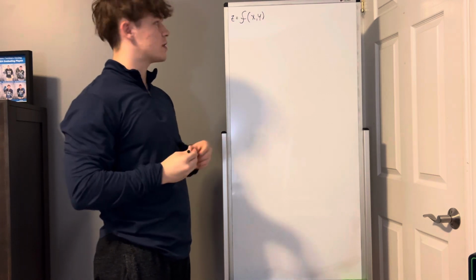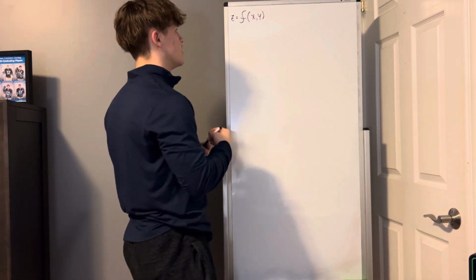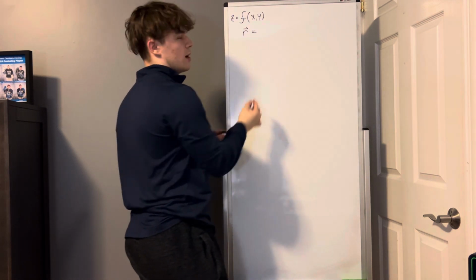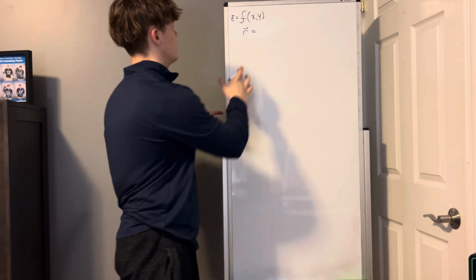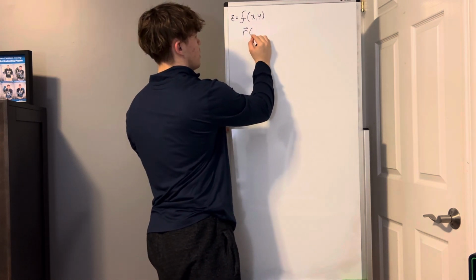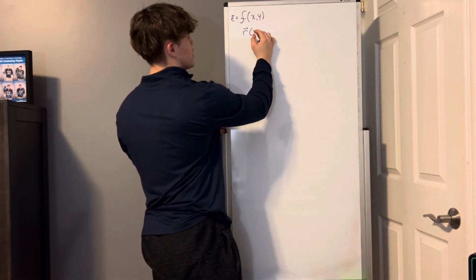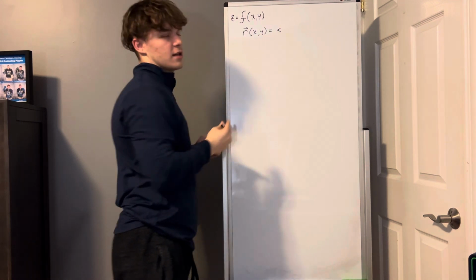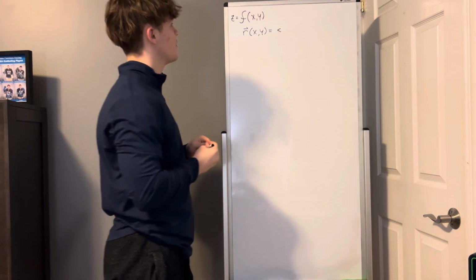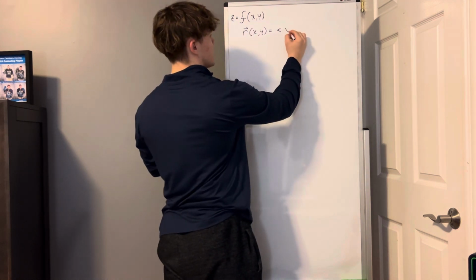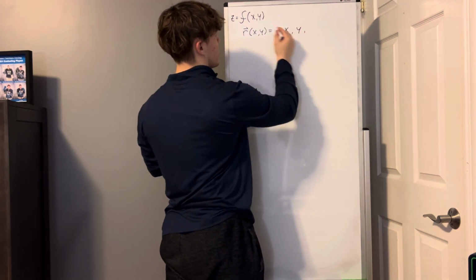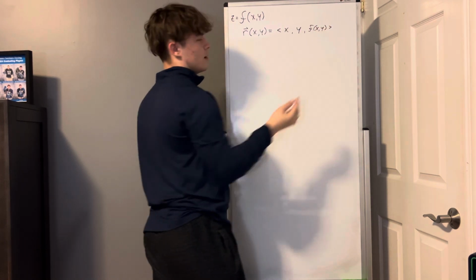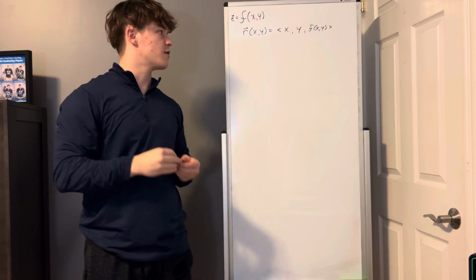So we represent our parametrization as r as a function of, in this case, x and y. And this is going to equal, we're going to write it as a vector: x equals x, y equals y, and z equals f of x and y. So that's a pretty simple one, pretty self-explanatory.